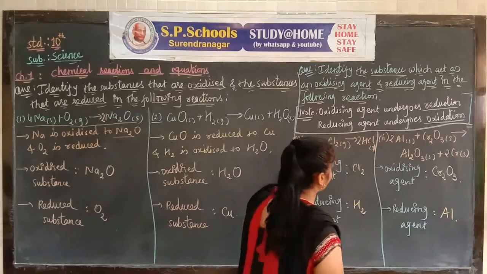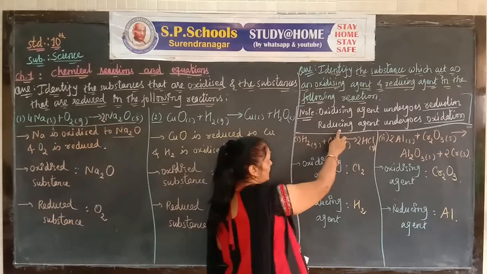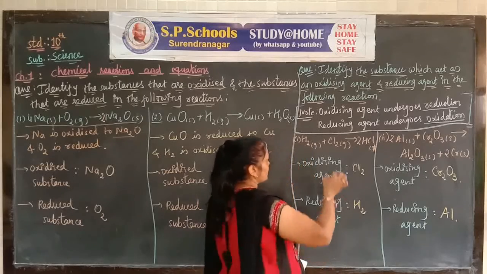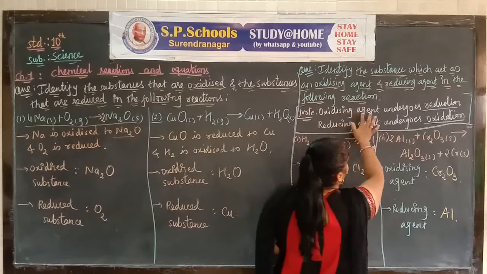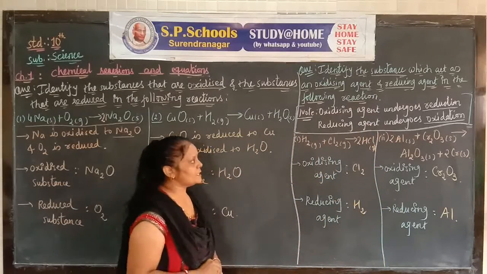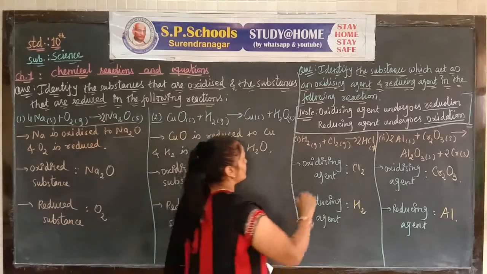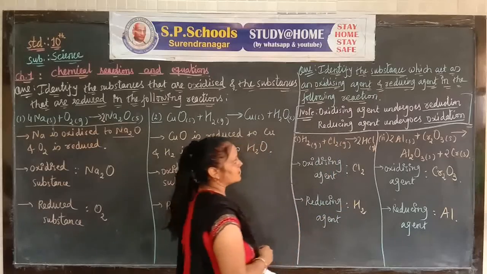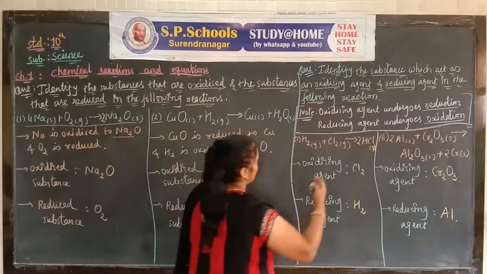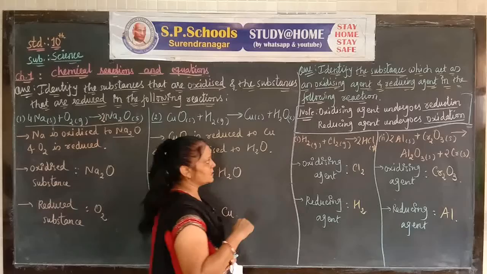In an oxidation reaction, the substance works as the reducing agent, and in a reduction reaction the substance works as the oxidizing agent. We don't write these two points in the answer to this question, but we remember and learn them. With the help of these two points we find the oxidizing agent and reducing agent.